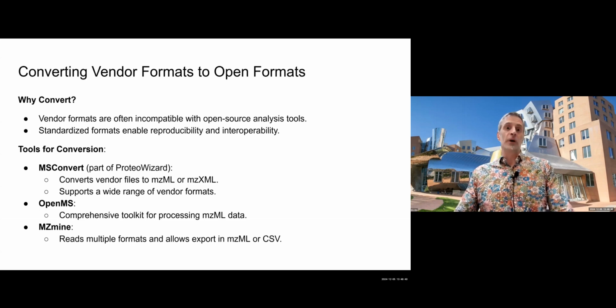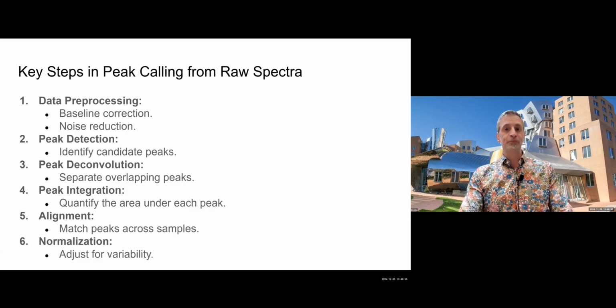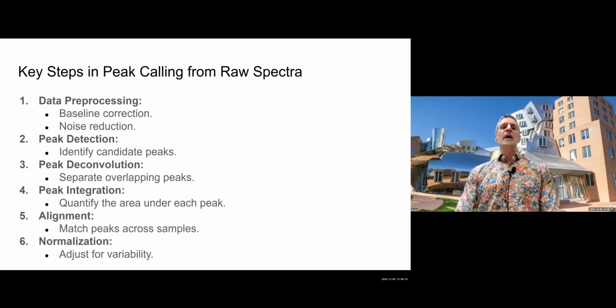Okay, so generally, to do any serious analysis, we'll convert the vendor formats to open formats, and you can go back if you're interested and look at this slide, and it's got some names of software that you can use to do that. And then I want to go through this just so you guys have it, because this is one of the areas where I think there's really room to improve things, and so there's a number of steps in just going from that raw spectrum coming off the machine to something that we would use for later analysis.